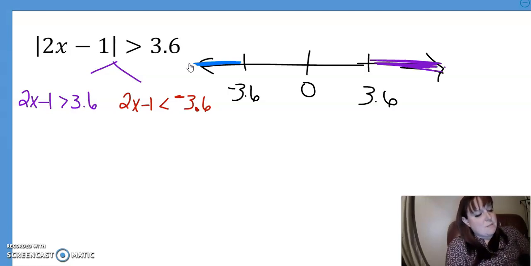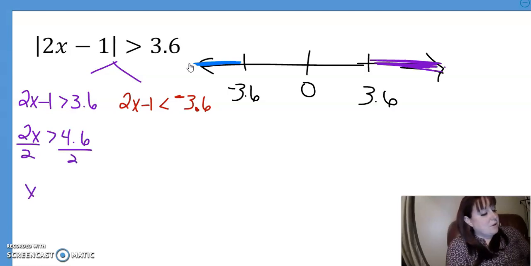And remember, the main rule is that if we multiply or divide by a negative number, we have to flip the sign. So we add 1 and we have 2x is greater than 4.6, divide by 2, divide by 2. We get x is greater than 2.3. So that's one of our answers. And then we add 1, so we have 2x is less than, and this becomes negative 2.6.